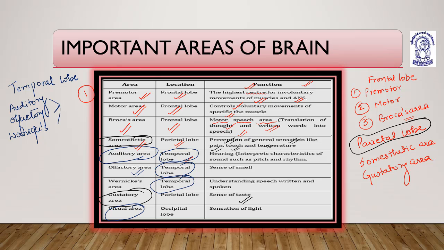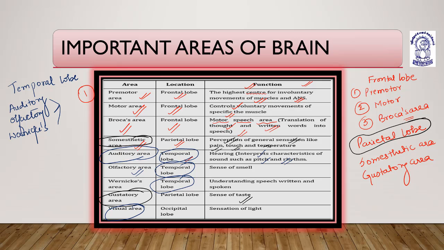Auditory area helps to interpret the characteristics of sound such as pitch and rhythm of sound. So it is responsible for hearing. Then comes the olfactory area, which is responsible for the sense of smell.